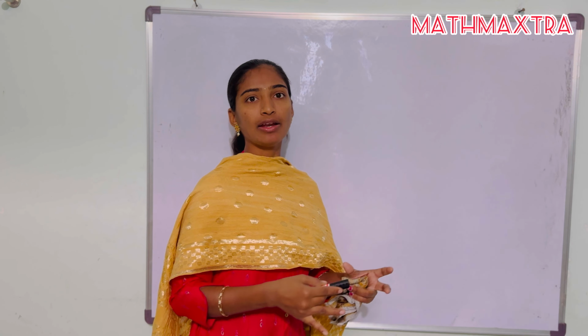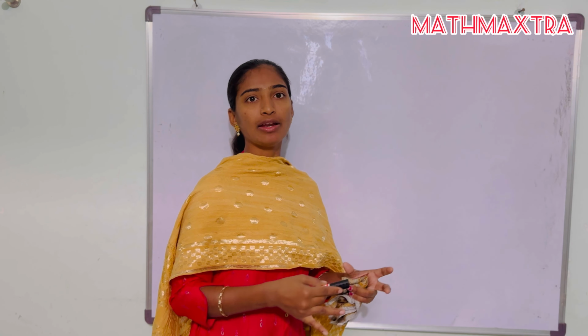Now if we multiply a binomial by itself, see I am taking one example, 2x plus 3y. Okay, so this is a binomial. I am multiplying this binomial with itself, means we are multiplying again with 2x plus 3y.